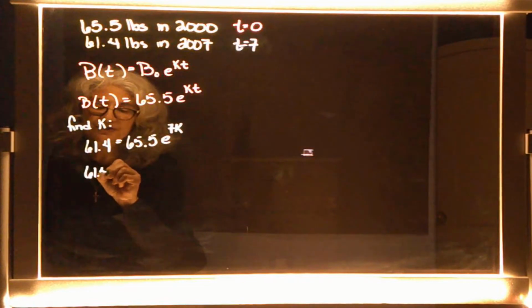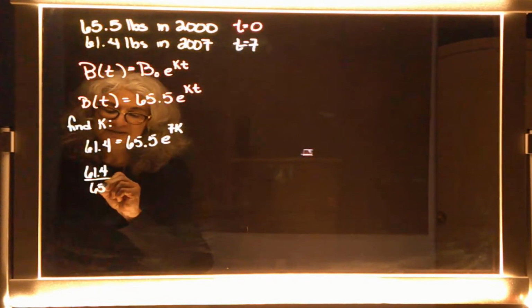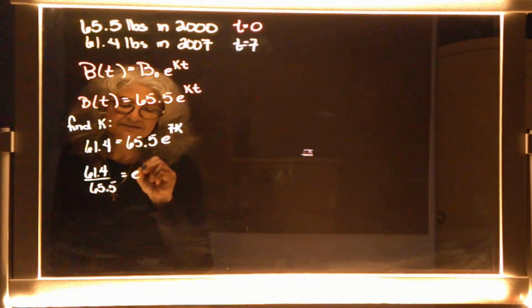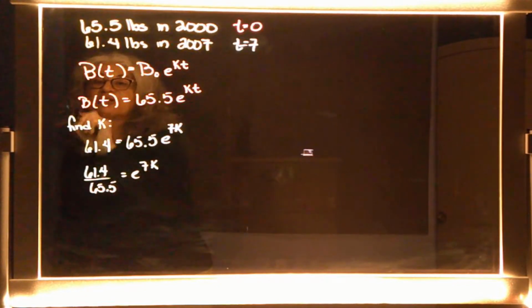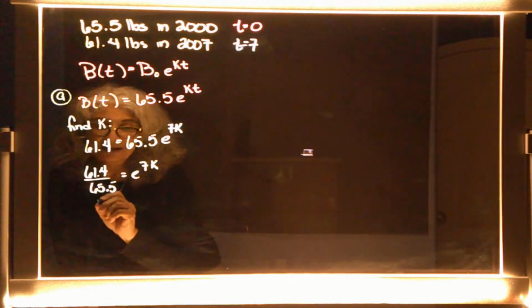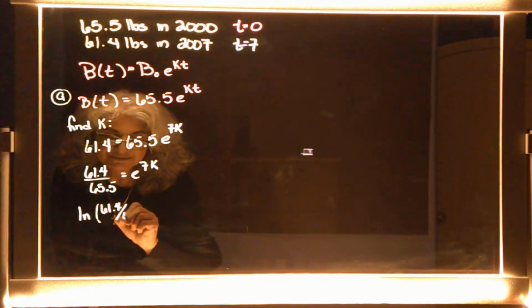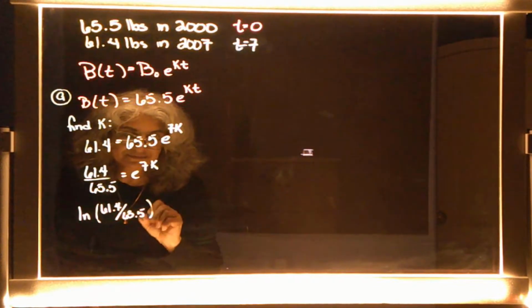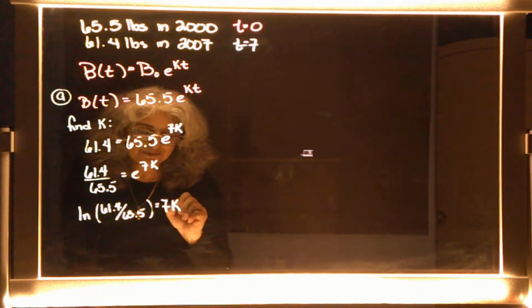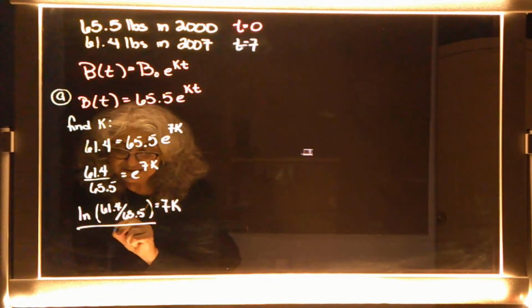I am going to do my algebraic work. Oh yeah, this is part A. I should have written that down. And I'm going to take the natural log of both sides. And I'm going to divide by 7 on both sides.